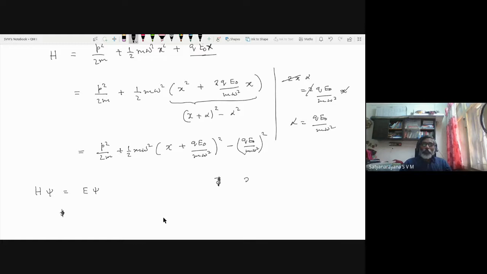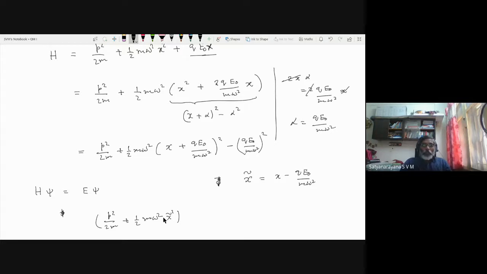Maybe you define x tilde equal to x minus qE0 by m omega square. This is just a constant shift, right? And so your d by dx will not get influenced, and hence you can write down this Hamiltonian in terms of p square by 2m plus half m omega square into x tilde square.